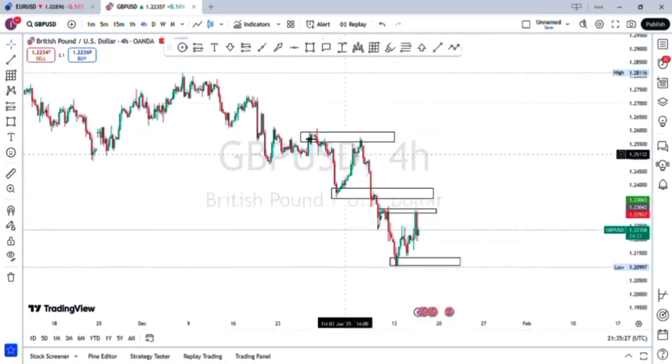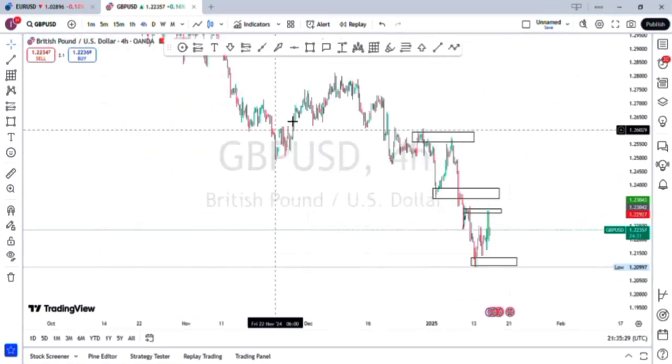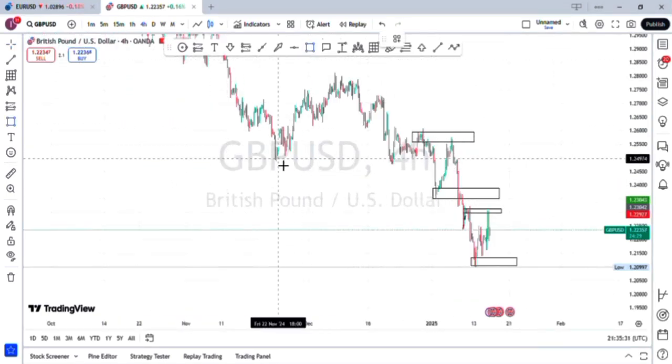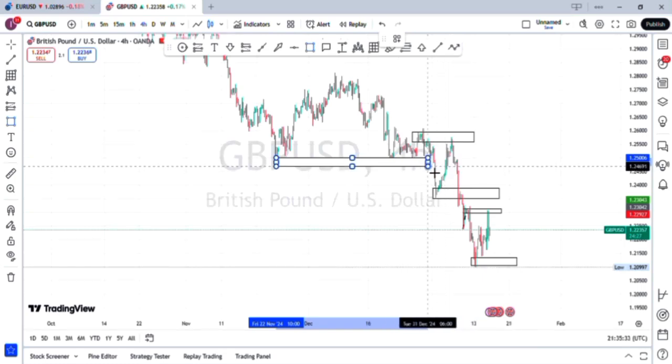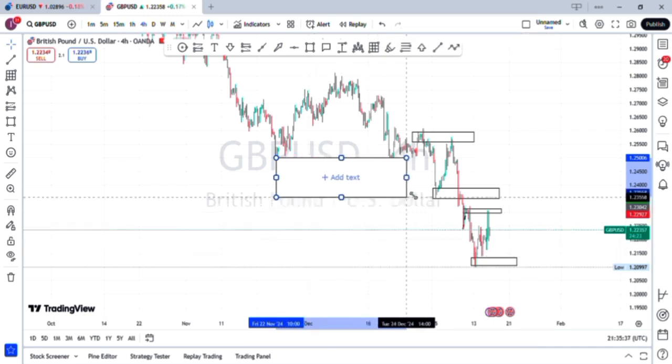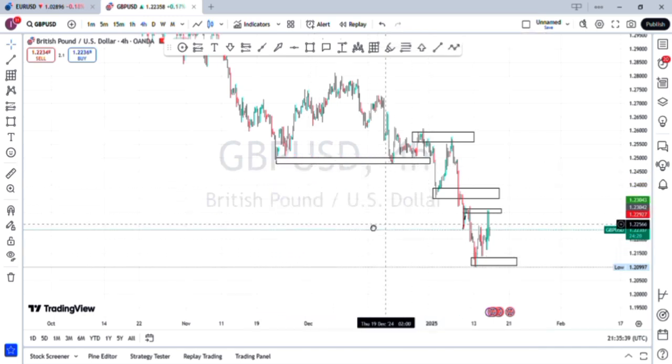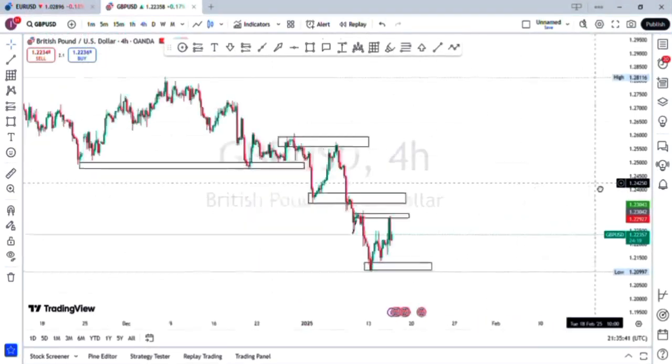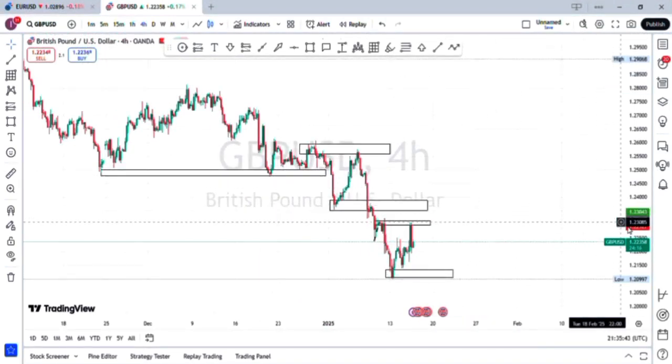Okay guys, so as you can see, we've marked out key support zones. We also have another support zone right here. So as you can see guys, we've marked out key support and resistance zones.